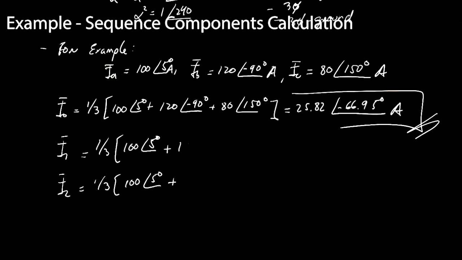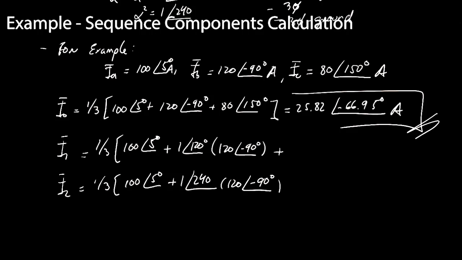Alpha is 1 at 120 degrees, and alpha squared is 1 at 240 degrees, times IB, 120 at minus 90 degrees.